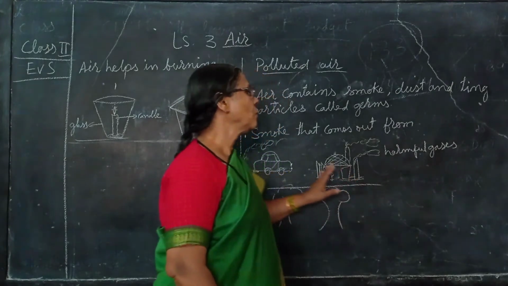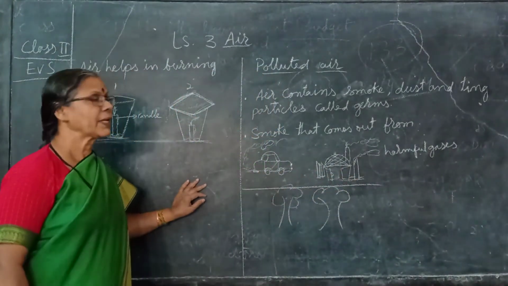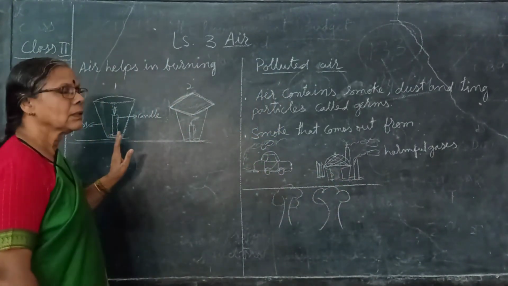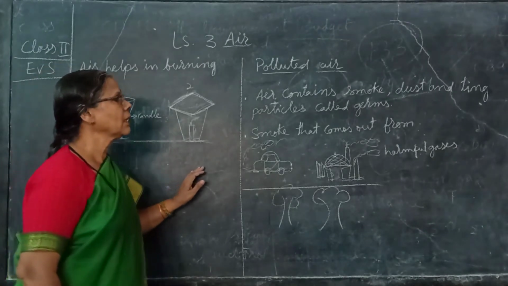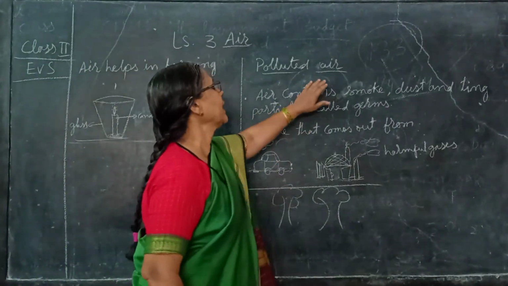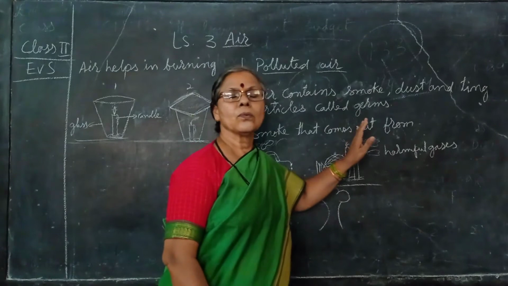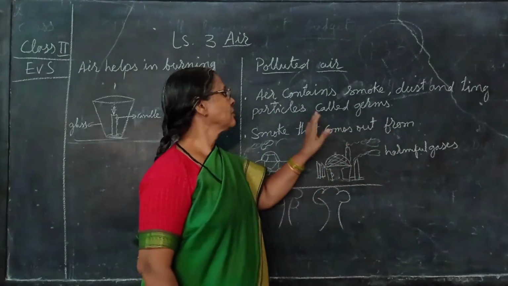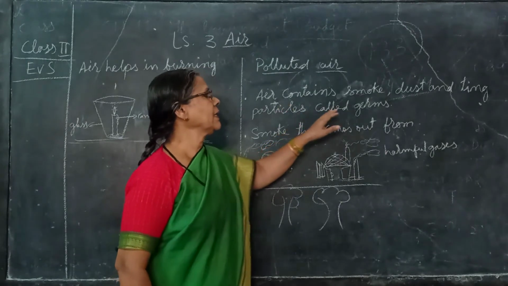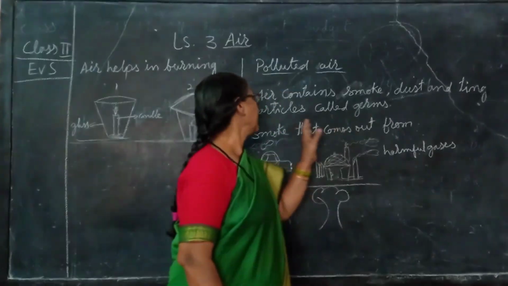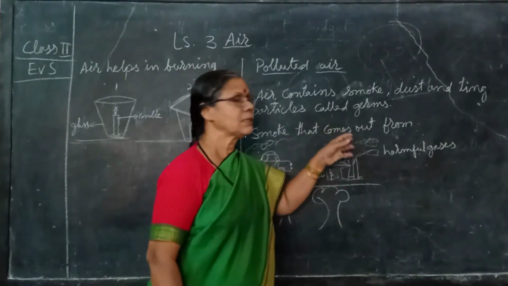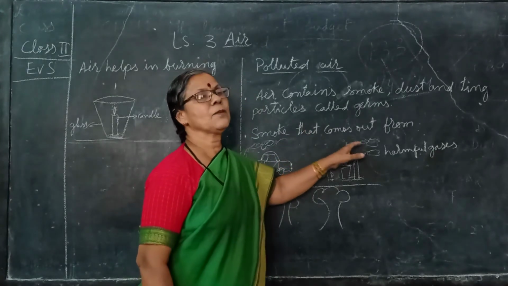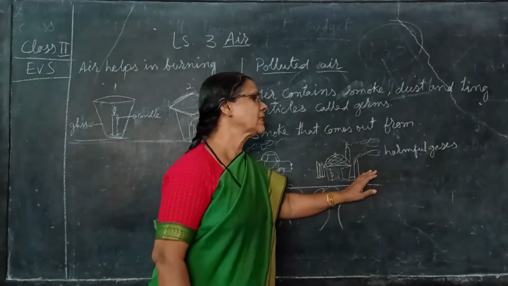Have you understood? One practical I have shown you today, that air helps in burning, and also polluted air. What is air pollution? Air pollution means air contains smoke, dust and tiny particles called germs, and smoke that comes out from vehicles and factories.